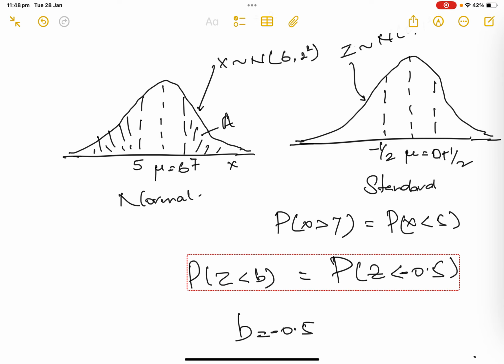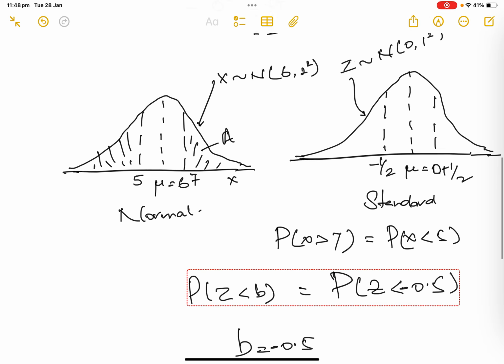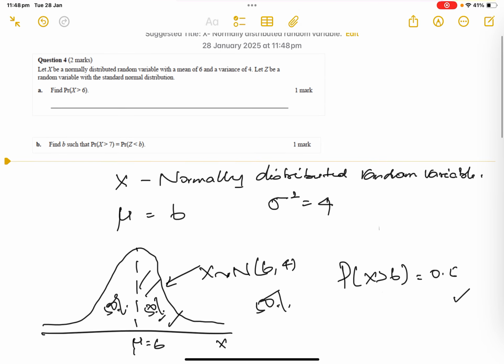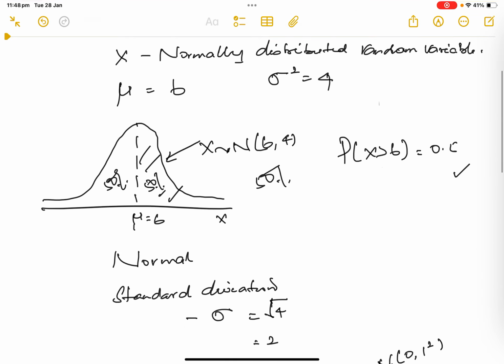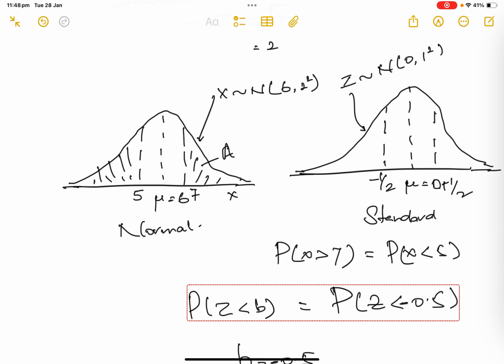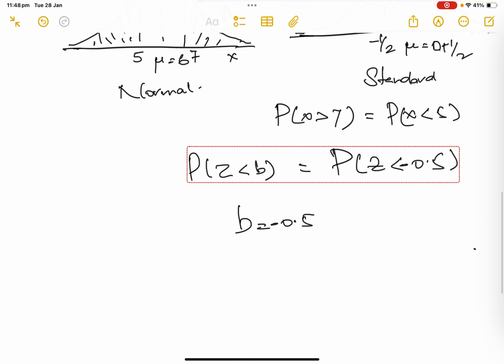The normal distribution here is given with mean 6 and standard deviation 2. That's all. Each part is just 1 mark, so it's pretty straightforward. If you can draw this bell-shaped curve, it is very easy to understand where we are. So b is minus half.